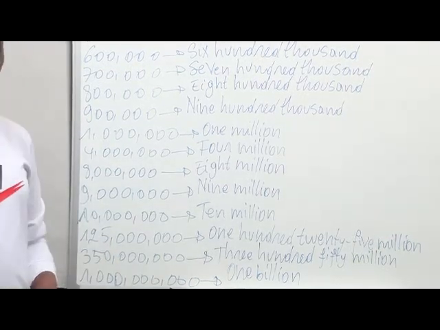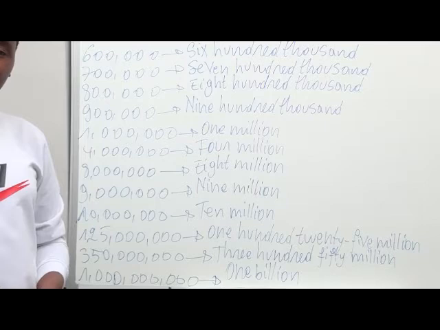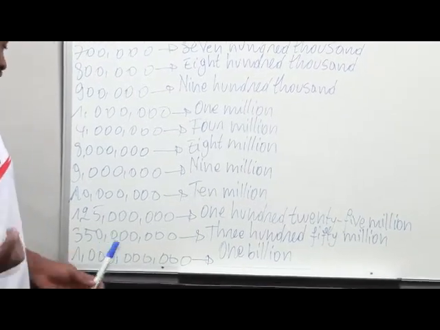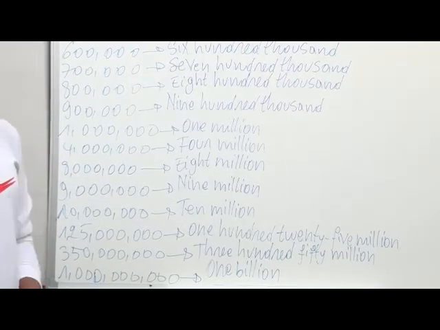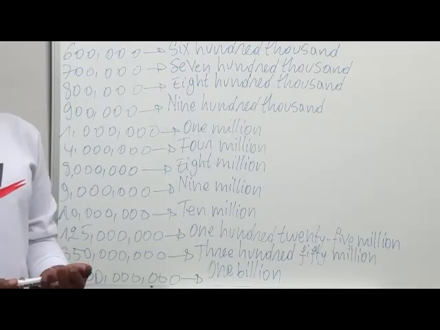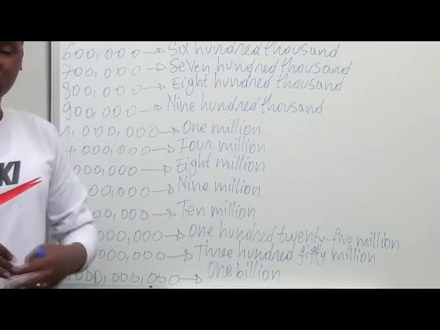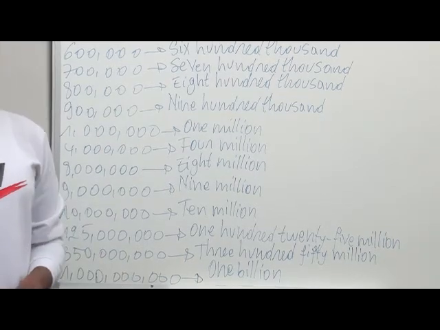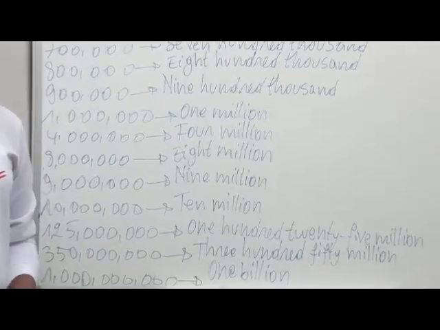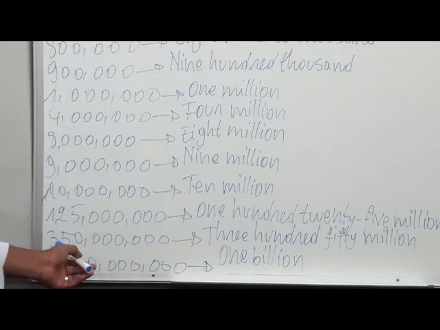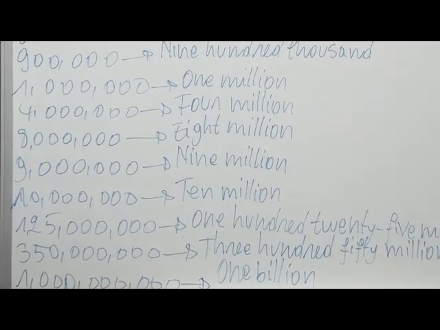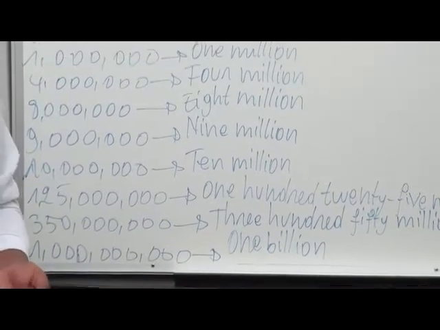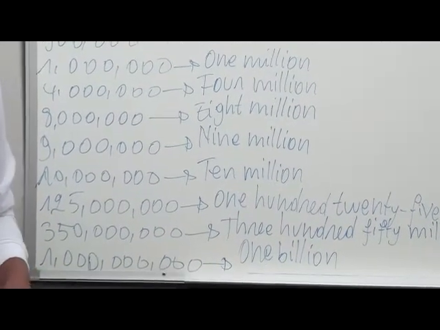Here we have been on 350 million because we have 350 and 6 zeros, and I have already told you that when you have 6 zeros after a given number, those 6 zeros will be read million. So 350 million.